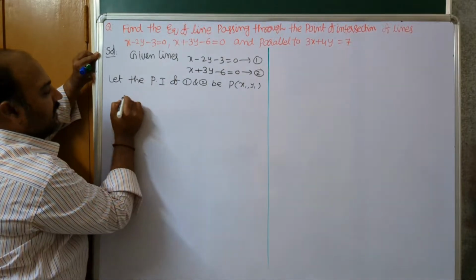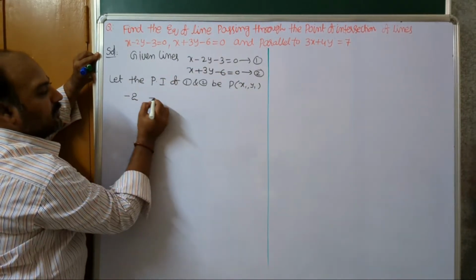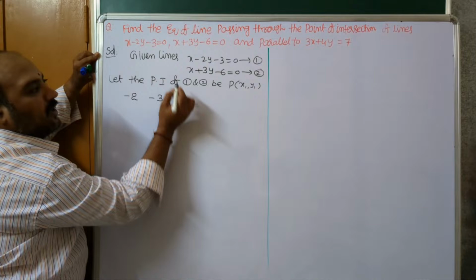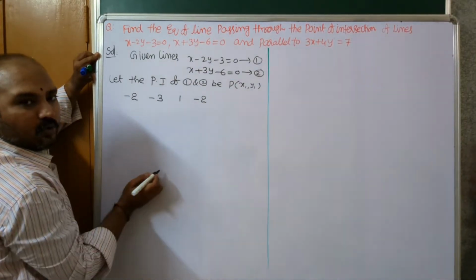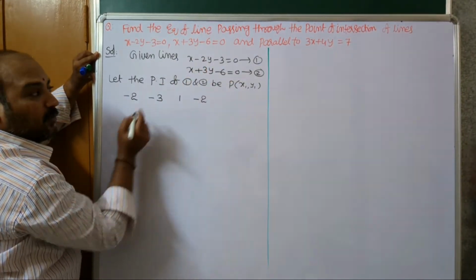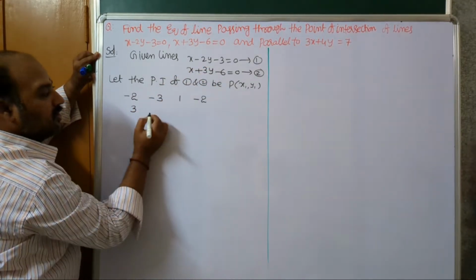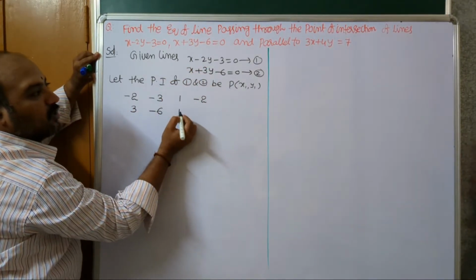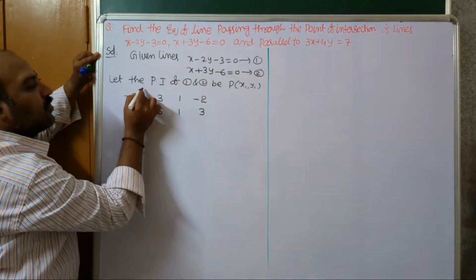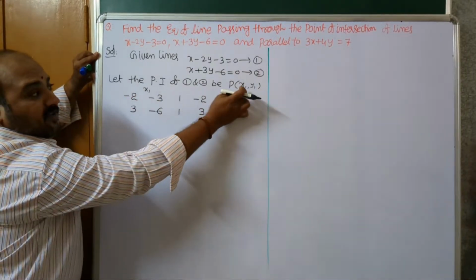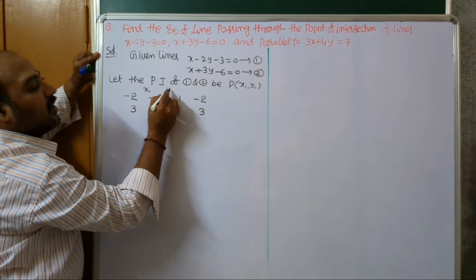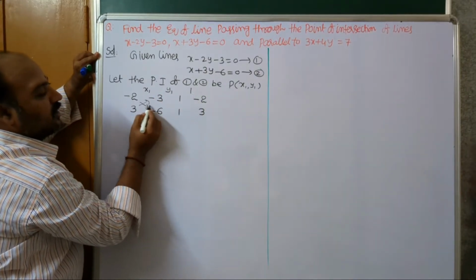While solving, I am applying cross multiplication here. For the first equation, y coefficient is -2, constant -3, x coefficient 1, y coefficient -2. Next, the second equation, y coefficient is 3, constant -6, x coefficient 1, again y coefficient 3. In between these two, the point of intersection is x1, y1, 1. Cross multiply.